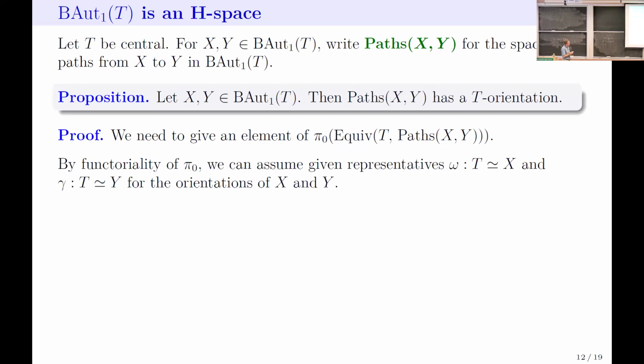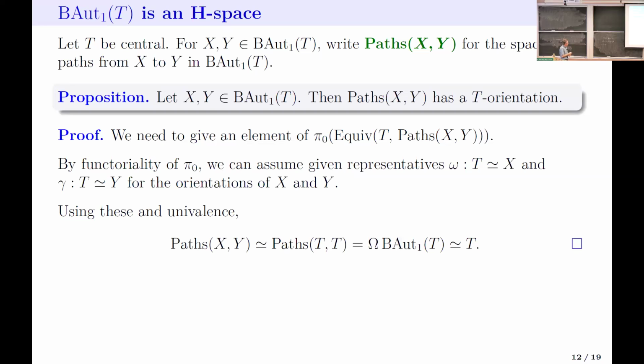So if I give you a map that takes an equivalence from T between T and X, and an equivalence from T to Y, and gives me an actual equivalence here, not pi naught, then I can apply pi naught to that map, use the functoriality, and I'll get a map that only takes data where I have pi naught of this space and pi naught of this space, and I end up in pi naught of this space, which is exactly the situation I'm in. So I can assume I've got representatives for these homotopy classes.